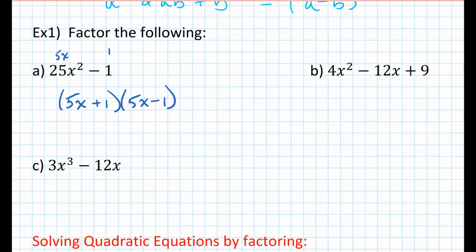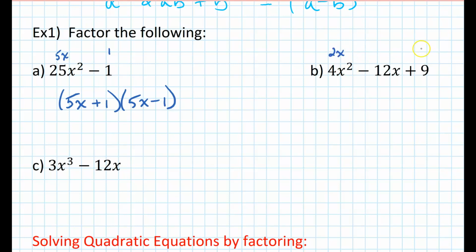Okay, so our next one, we've got 4x squared minus 12x plus 9. Does anything kind of stand out to you here? A and B or A and C? They're both perfect squares. Okay, so if you see a perfect square as an A term and the C term, you might want to think this might be one of those perfect square trinomials. Okay, so what I'm going to do is look real quick. The square root of 4x squared is 2x.